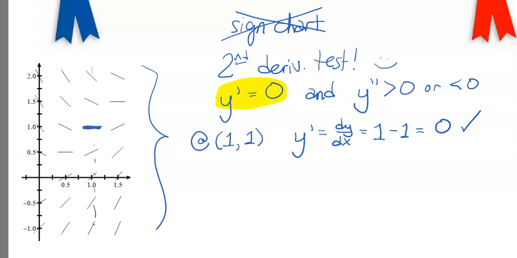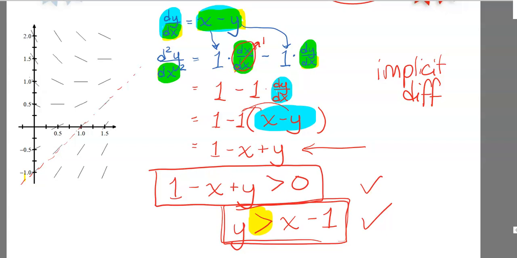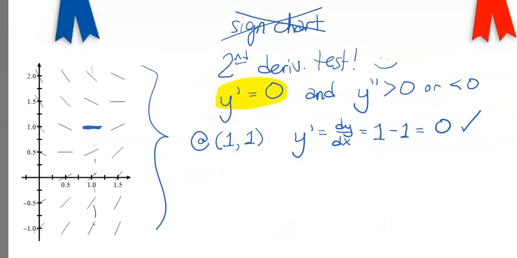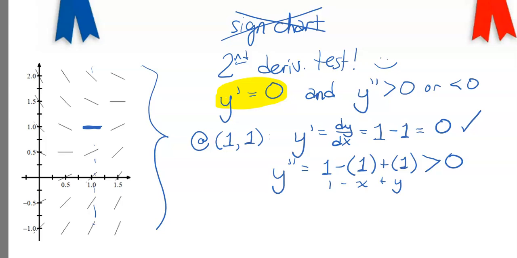We also saw just a minute ago that y double prime was 1 minus x plus y. So y double prime, 1 minus our x coordinate plus our y coordinate. We did that on the previous problem. 1 minus 1 plus 1 is greater than 0.